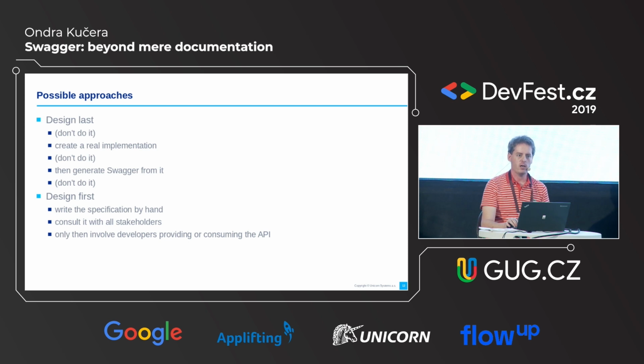You should start writing your Swagger file by hand, consult it with all interested parties, and only then give it to developers and tell them, okay, you create the interface, you create the front end that consumes it. I mean, the developers can be involved in creating the design, obviously. Then they are one of those stakeholders, but not necessarily all of them.